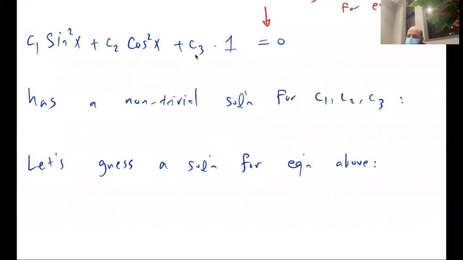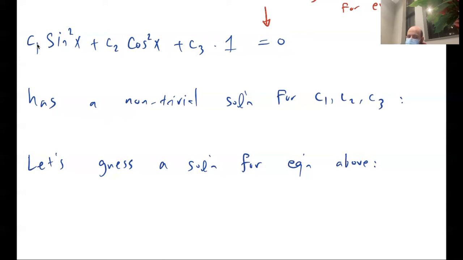For example, 1 or 2 or 0, something like that. So can you guess a solution for this, a non-trivial solution? Of course, the trivial solution is always a solution. Trivial solution means all of them are 0. If C1 is 0, C2 is 0, C3 is 0, then 0 plus 0 plus 0, of course, will be 0. So that's always a solution. But the question is whether we have a non-trivial solution, a solution where at least one of the Ci's is non-zero.